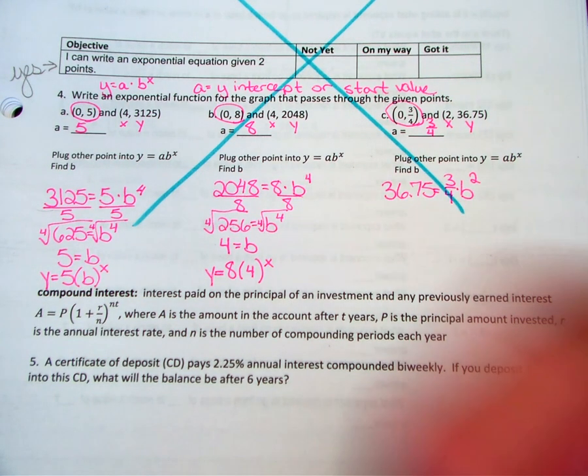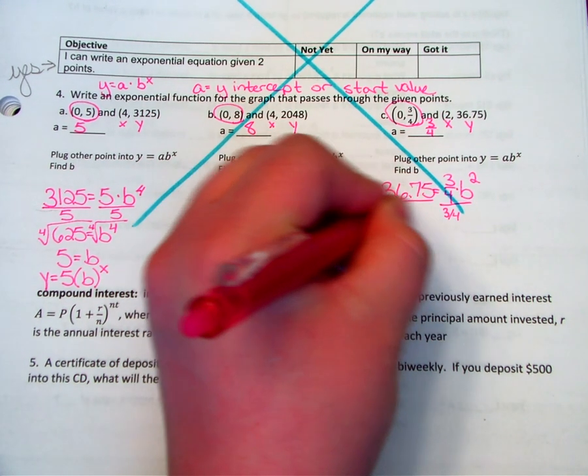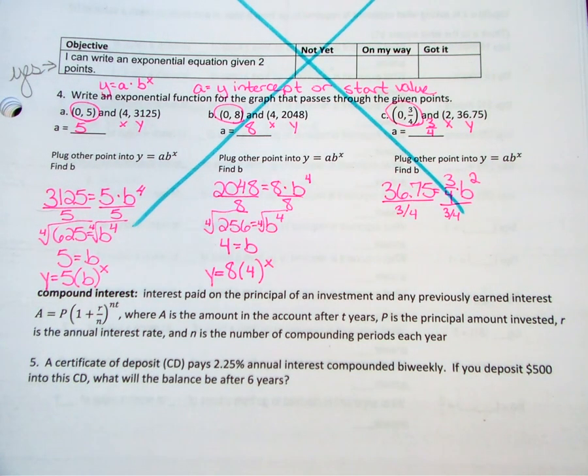So I'm going to need to divide by 3/4. Alternatively, you could multiply by 4 on both sides and then divide by 3. It's really up to you.